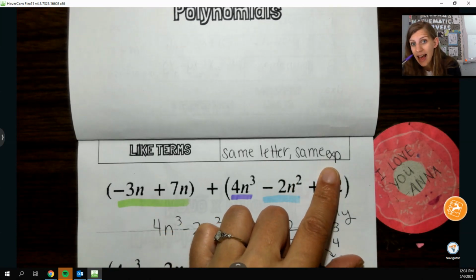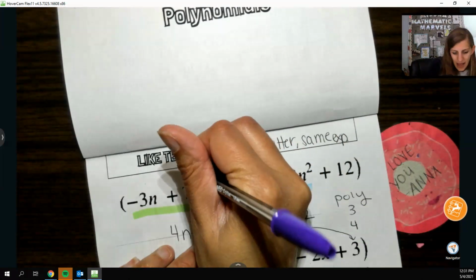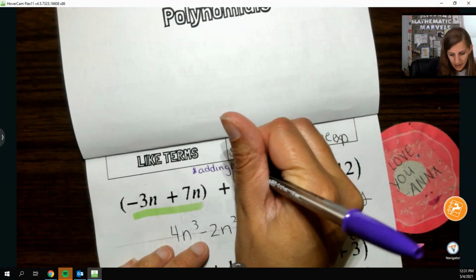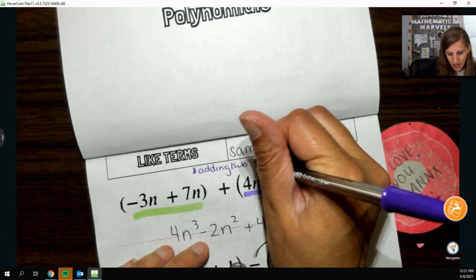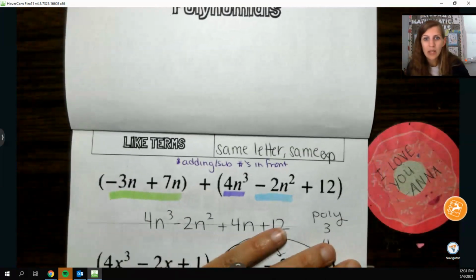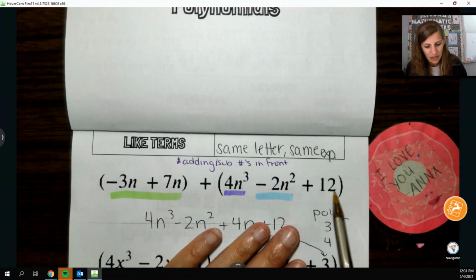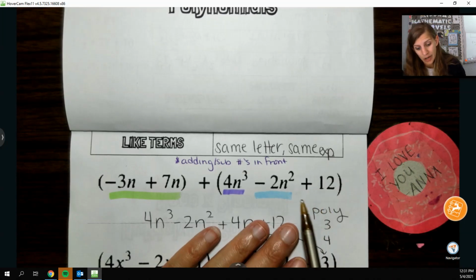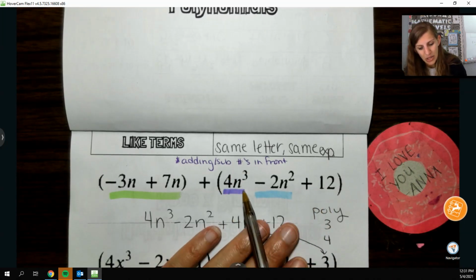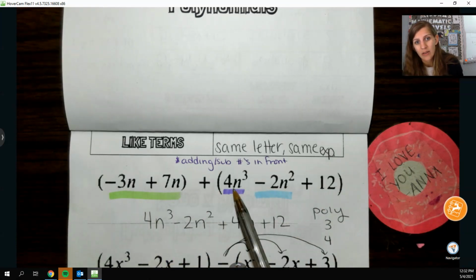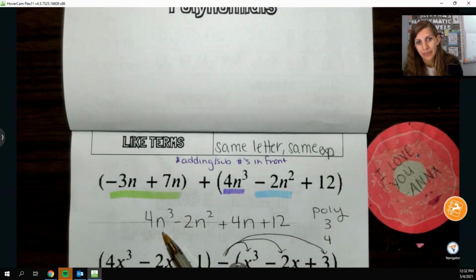So if I have that, then I just end up adding or subtracting the numbers in front. So with this one here, I went through and I looked for the biggest exponent because I wanted to put it in standard form. So 4n to the 3rd was the biggest, and there were no other n to the 3rds, so I just brought it down.